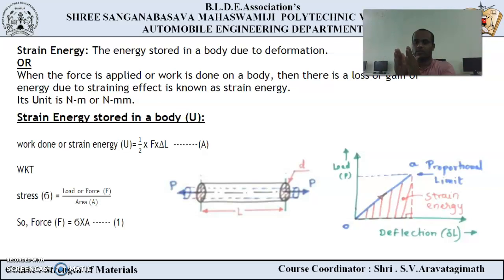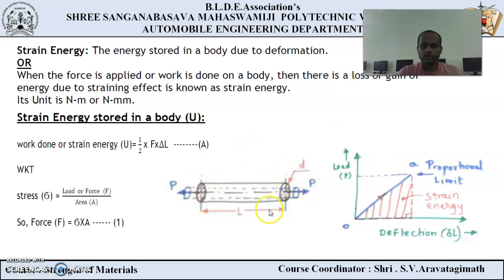That is a change in dimension, that is a deformation. During the change in dimension, the energy is stored in the spring. So that stored energy is called strain energy. It is denoted by capital U, and the unit of strain energy is Newton meter or Newton mm.